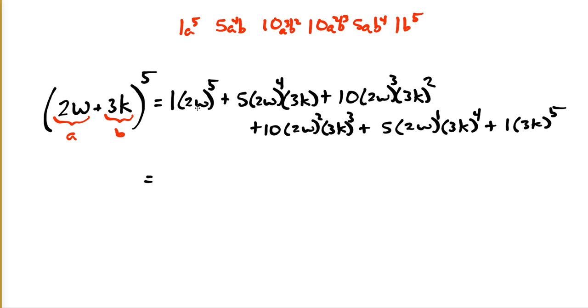And so I'm going to put 2W in place of every single A, and then I'm going to put 3K in place of every single B. And yes, it turns out to be a lot of stuff. So 2 to the 5th, is that 32?